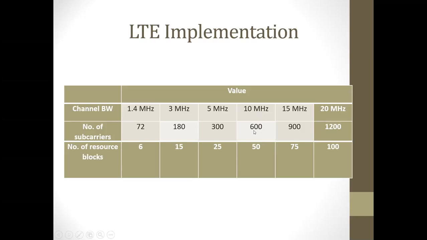It's like we have 600 subcarriers at 15 kilohertz, so now it is like 9 megahertz. So it is close to 10, and the residual part is used as guard. Anyway, that's how you have the total bandwidth allocation and the number of subcarriers. So they have fixed values.